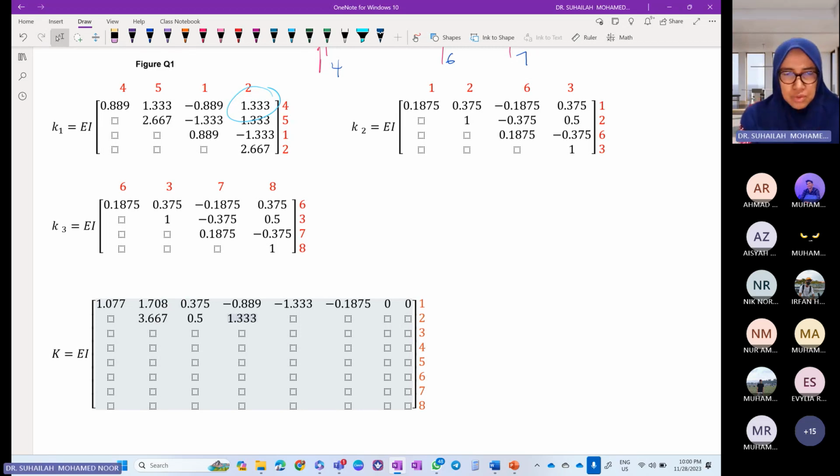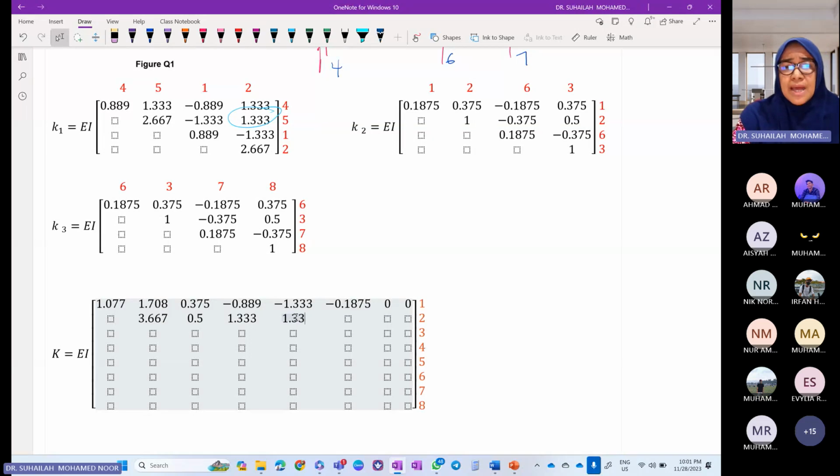Okay. There is 2,2, 2,3, 2,4, 2,5. What is the value for 2,5? 2,5 is the same. Just a simple step. 1.333.